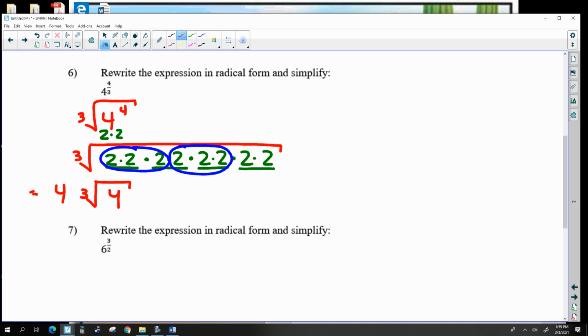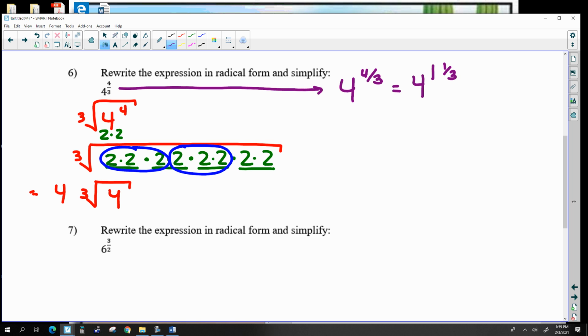That is kind of the difficult way of doing the problem. The easy way to do the problem, if you see this happening here, is this. If I have 4 to the 4/3, think about 4/3. 4/3 is the same thing as saying 1 and 1/3.